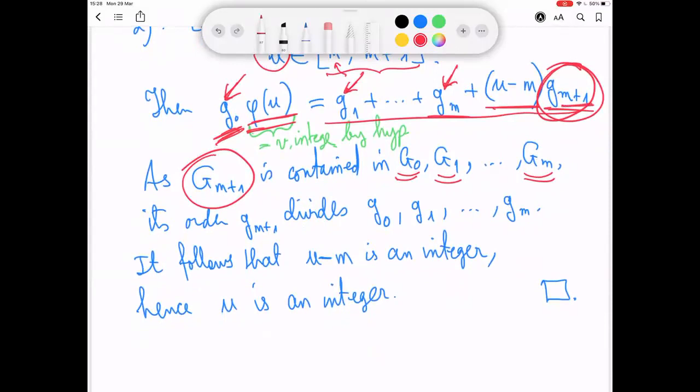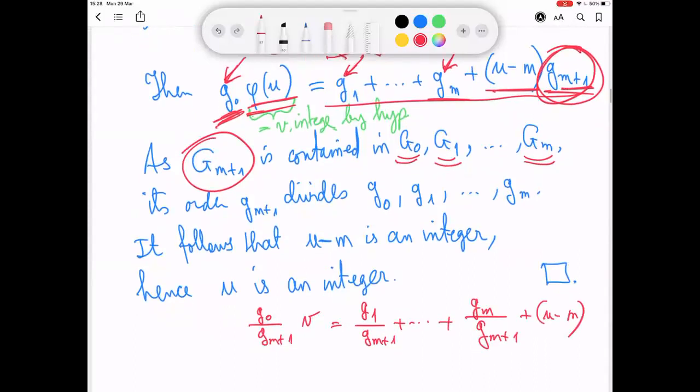If I divide throughout by gm plus 1, I'll get g naught upon gm plus 1 times v is equal to g1 upon gm plus 1 plus gm plus 1 plus u minus m.